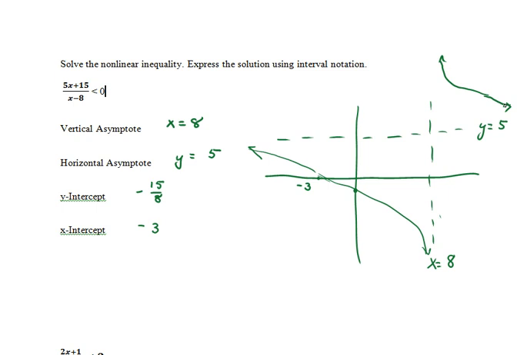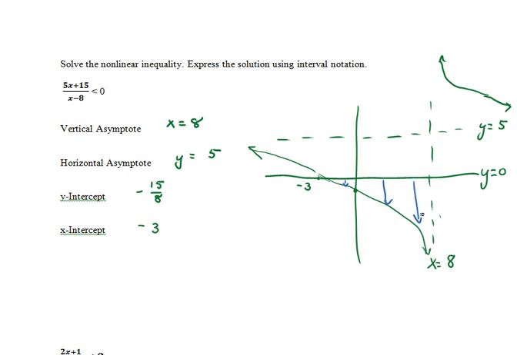And we are to compare this with 0. We want to know where this function is strictly less than y equals 0. And so that is where the curve is below the x-axis. And so we have this section in here as well as over here.